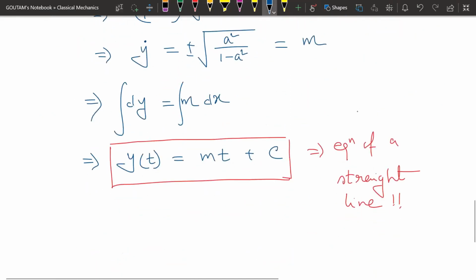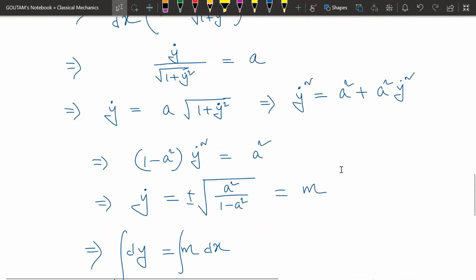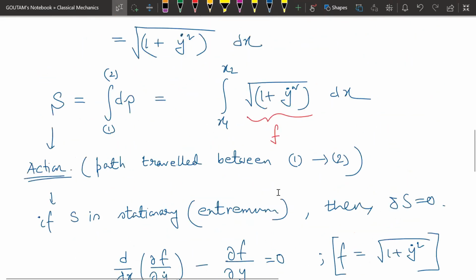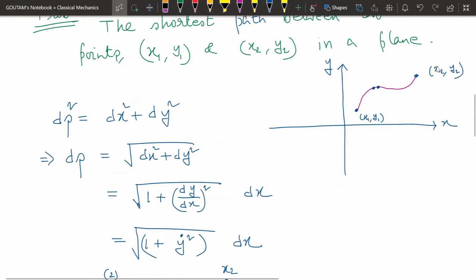In that case, we will get y as a function of x, y equal to mx plus c. This is the equation of a straight line in a plane. So let's not write this extra term; it is already implied that y is a function of x. So the shortest distance between two points is a straight line.